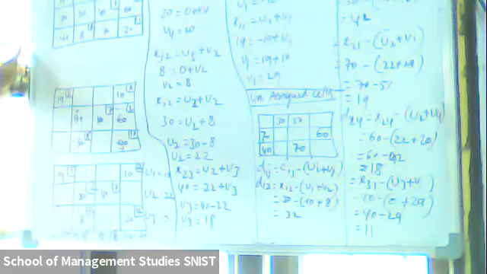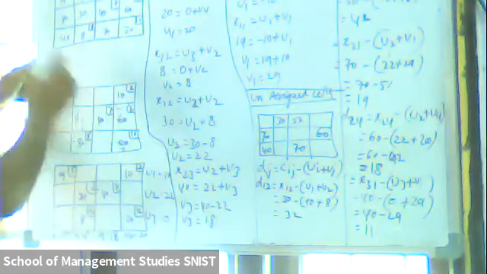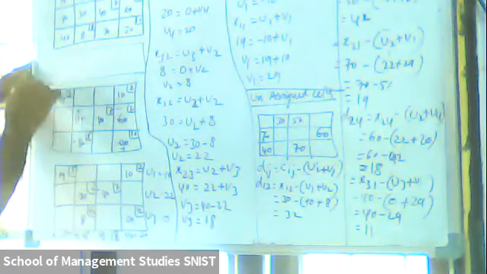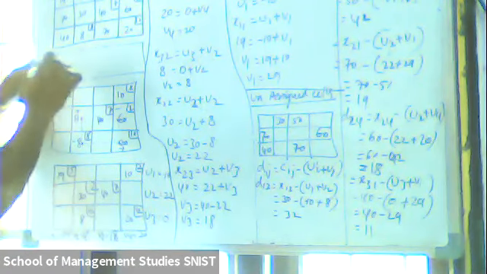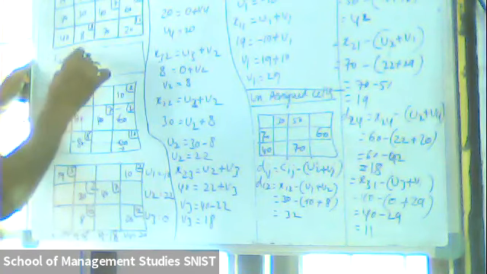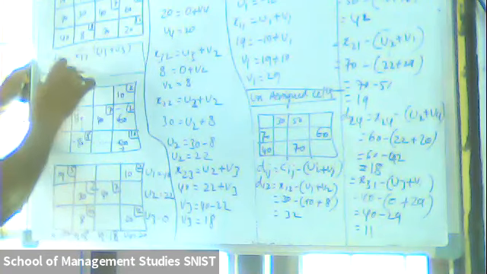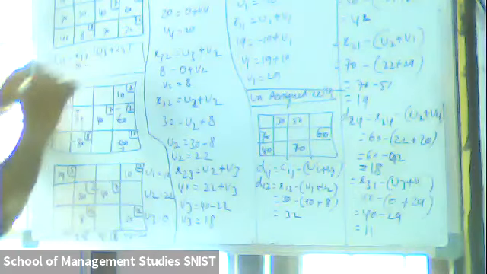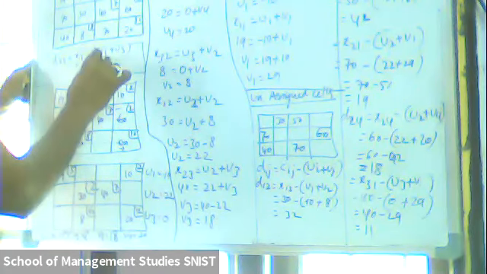So only one value left over. That I am writing here in this place, D33 equals x33 minus u3 plus v3. x33 which is 70. 70 minus u3 0 plus v3 18.